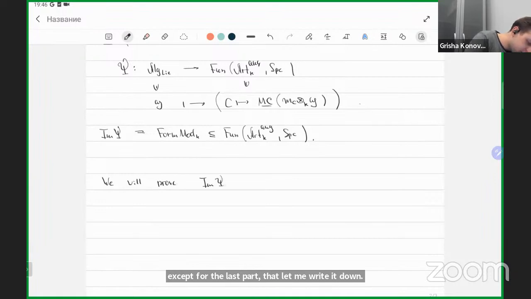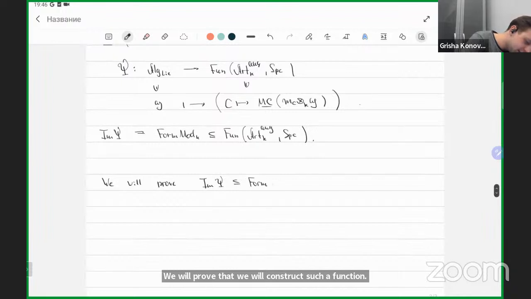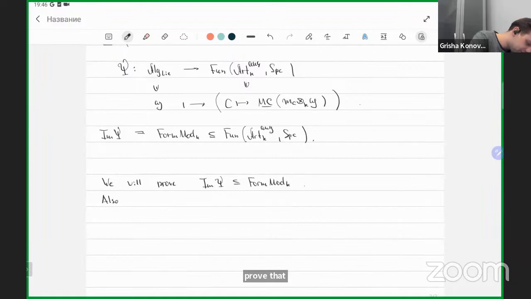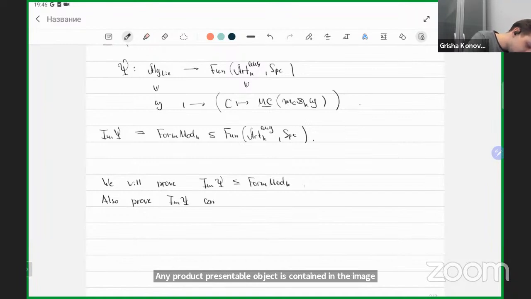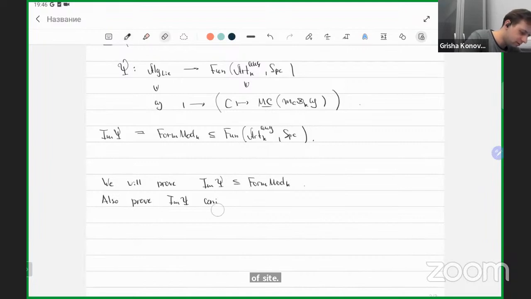We will construct such a functor psi, and we will prove that the image of psi lands in the subcategory of formal moduli problems. But we will also prove that any pro-representable object is contained in the image of psi. I will later tell you what those pro-representable functors are.